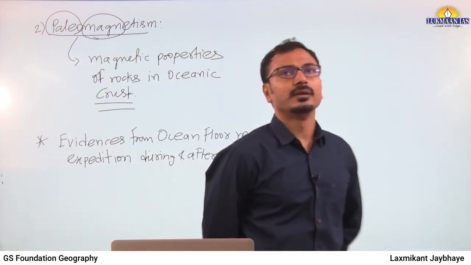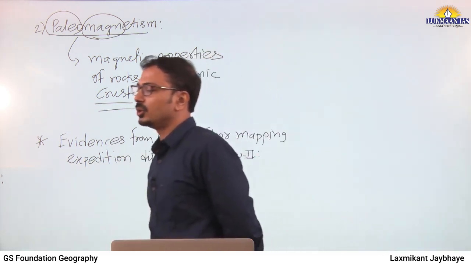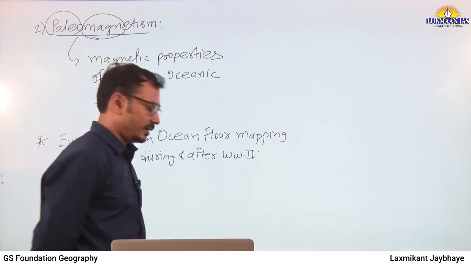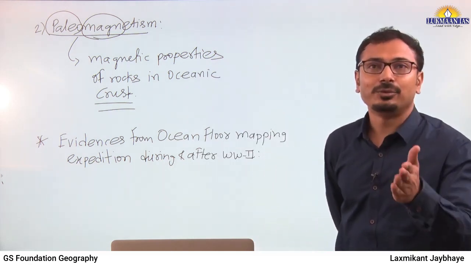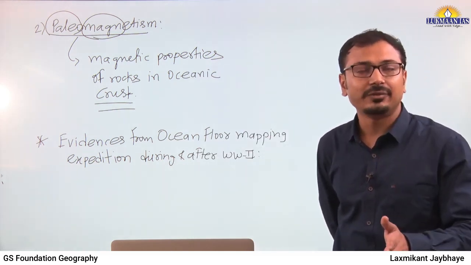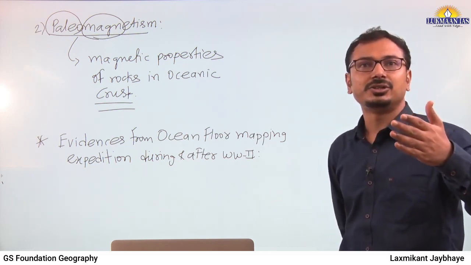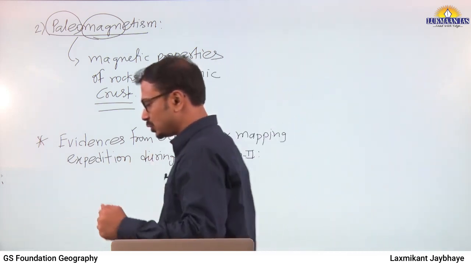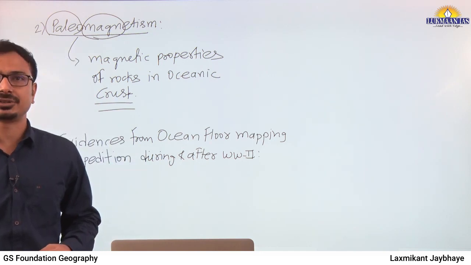At that time, many such oceanic expeditions to map the floor of the ocean were undertaken by different countries. Through these expeditions, it was found that there is a continuous mountain range inside the ocean, that means the mid-oceanic ridge.